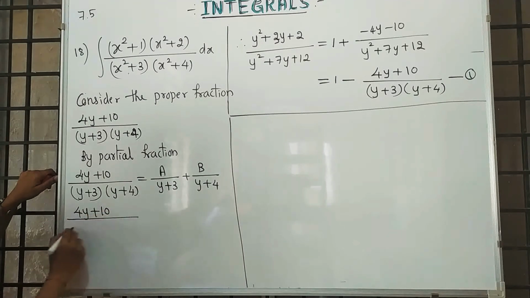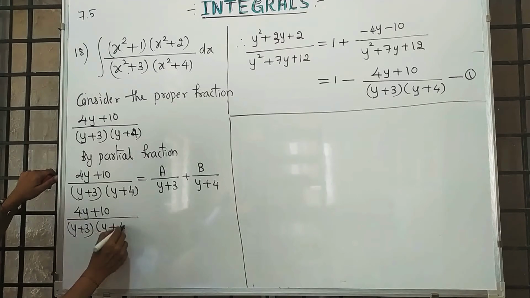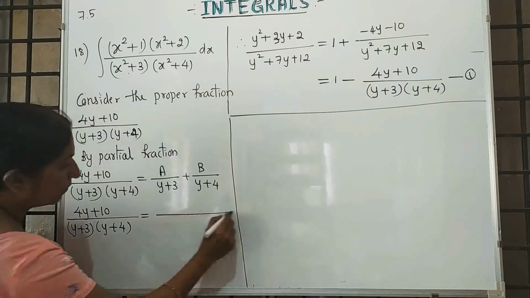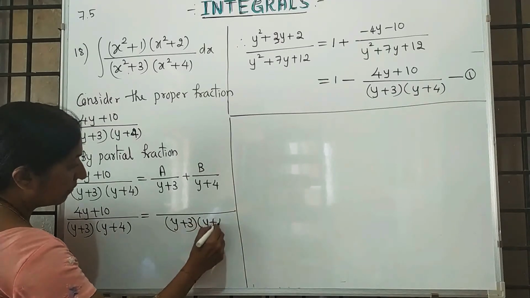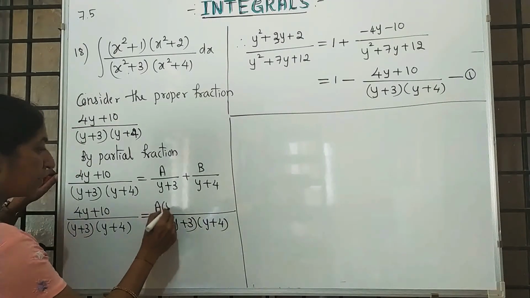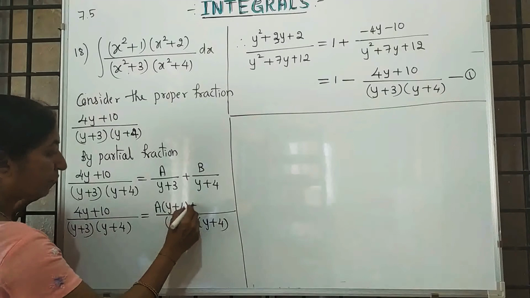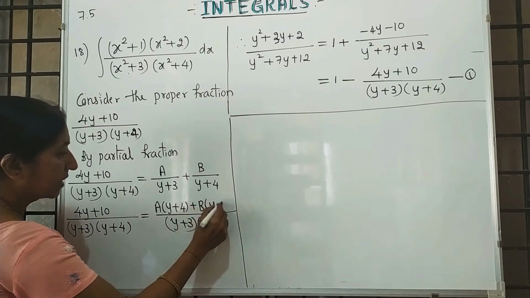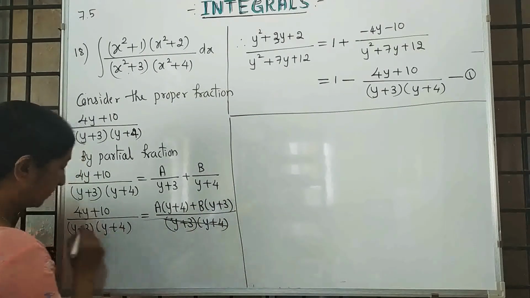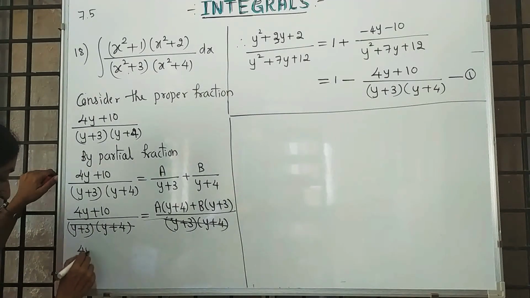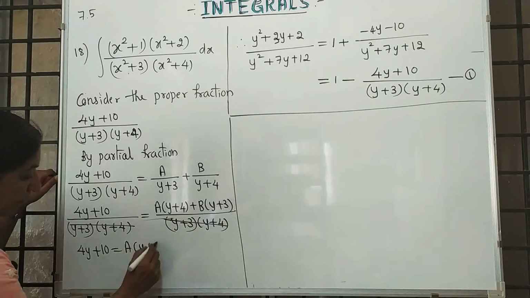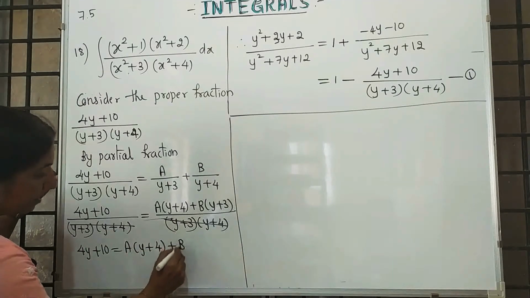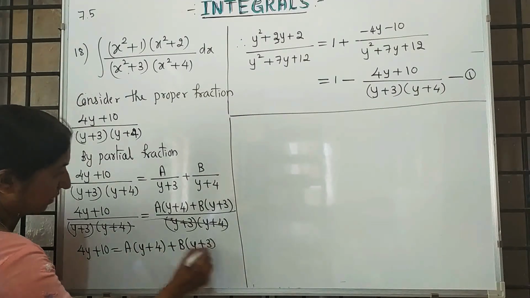A is multiplied with (y + 4), B is multiplied with (y + 3). So 4y + 10 = A(y + 4) + B(y + 3).